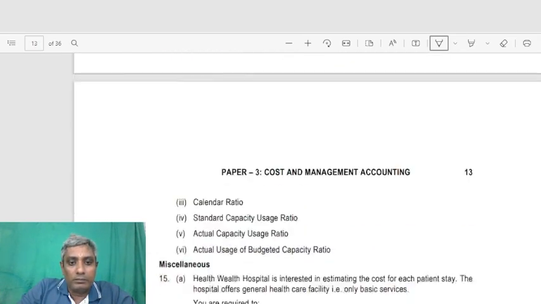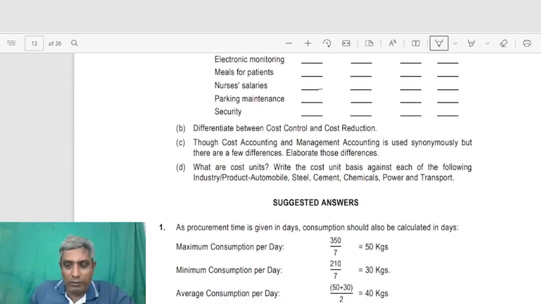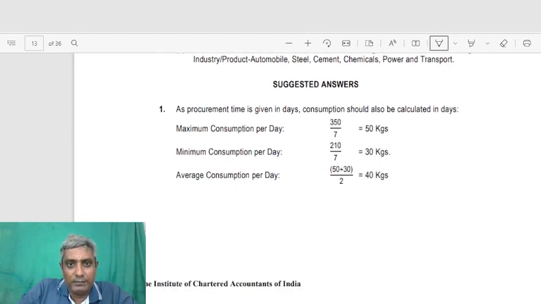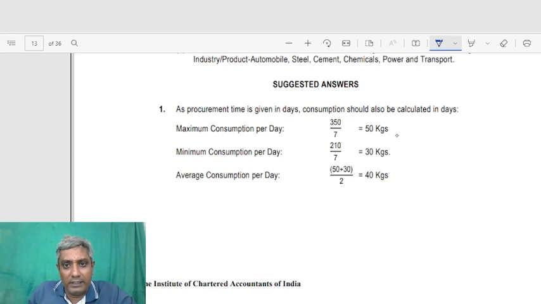Now, see here. The first step given in the answer is, first of all, they converted this into maximum consumption per day, minimum consumption per day and the average consumption per day. This is very easy and understandable. Great. So average consumption per day is 40 kgs. Now accordingly we will calculate for EOQ the annual demand, because annual demand is not given directly.